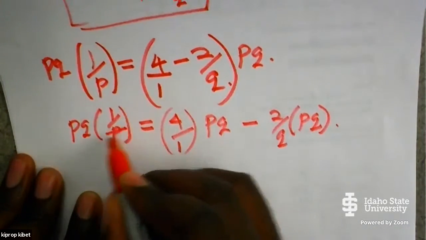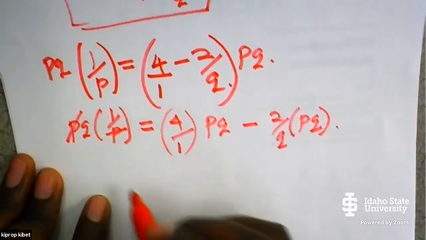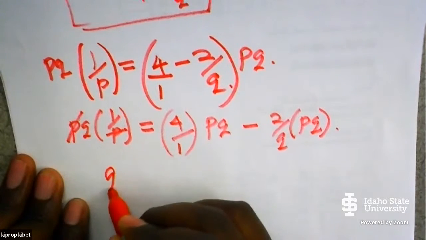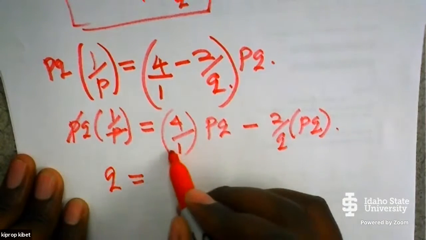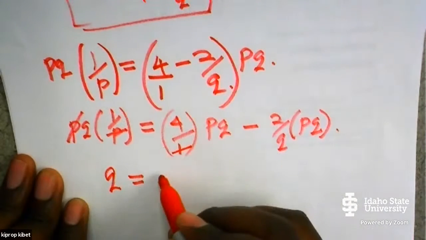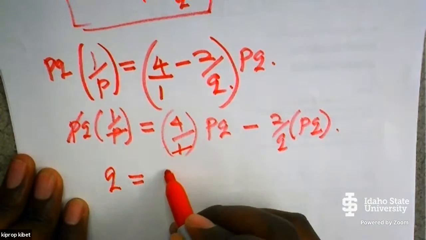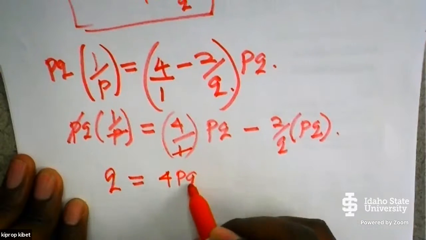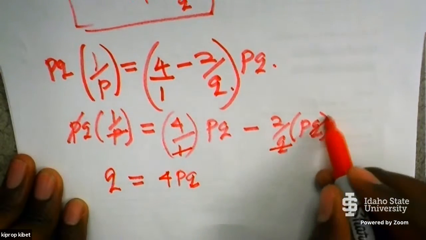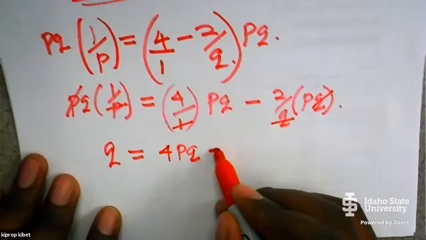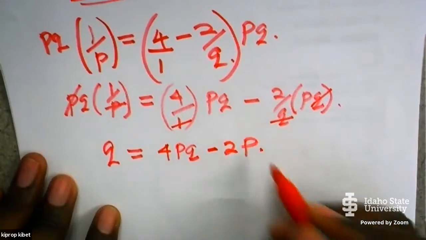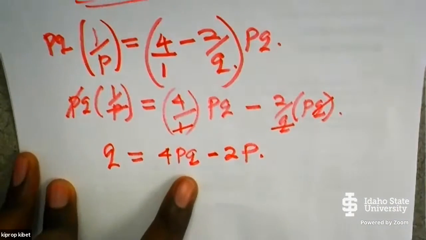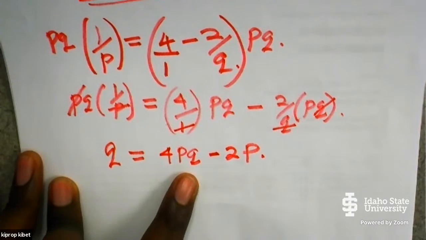So when you do the simplification there, you get q equals, there is no one which is dividing there. So 4pq, and then this and that, we remain with minus 2p. So we are trying to make p the subject. So what do you do next?